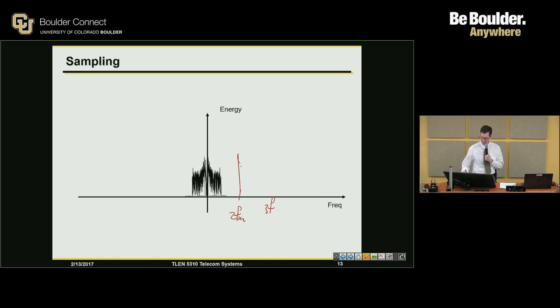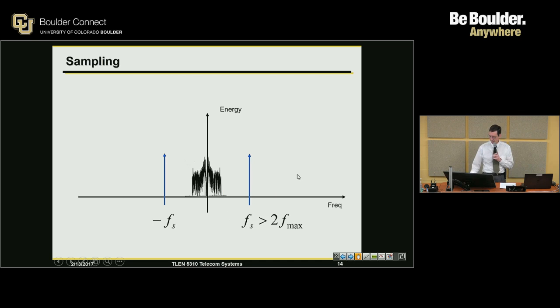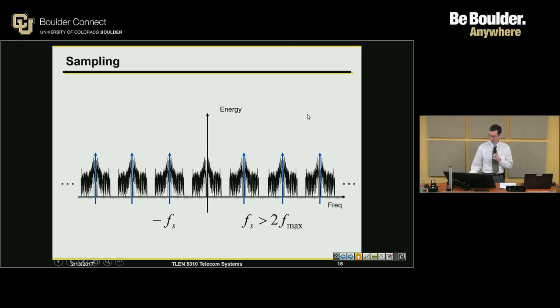So I can get multiple copies out there if I want to. And of course, when you're mixing it, you get it on both sides. So I'm going to get all these different components out there, and then I can choose which one I really want to pay attention to and filter out all the rest.